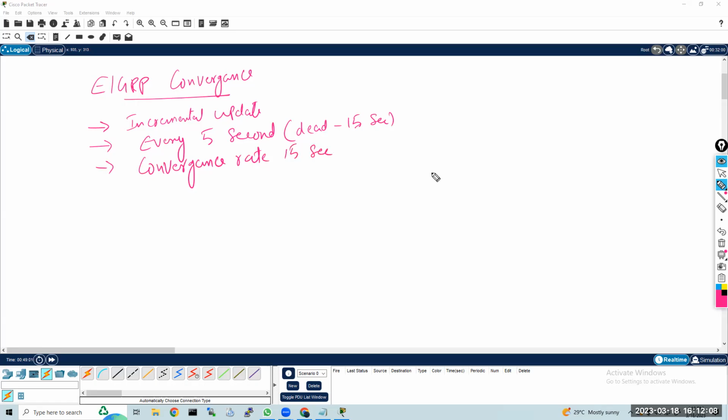Now, how does it work, guys? First understand here, then I will explain the best route, which we'll call the successor, and what a feasible successor is in EIGRP. Guys, please pay some attention, this is very important. Let's say two routers are connected.